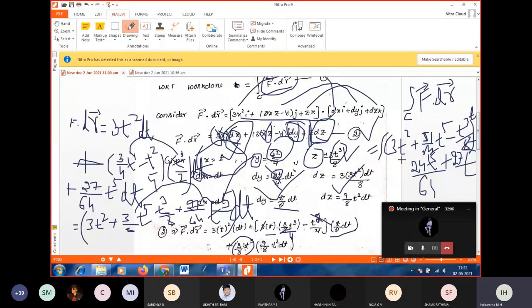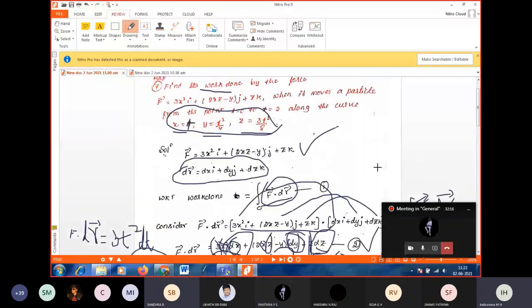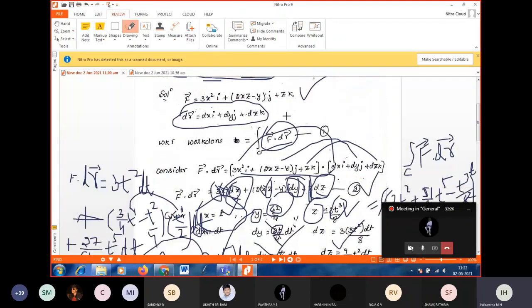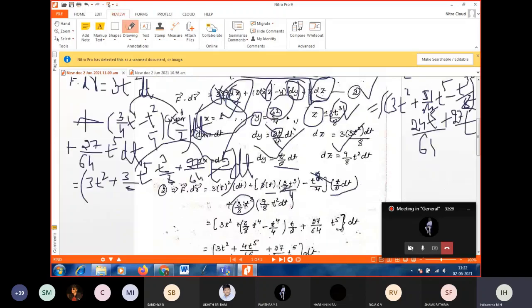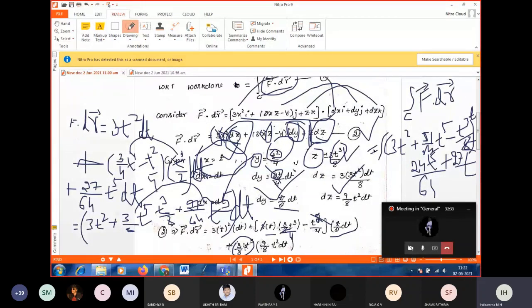So we substituted for vector f dot dr inside the integral sign, but we have to take the limit for t. What is the limit for t? 0 to 2. Correct. They are given in the question, from the point t equal to 0 to t equal to 2. t varies from 0 to 2.